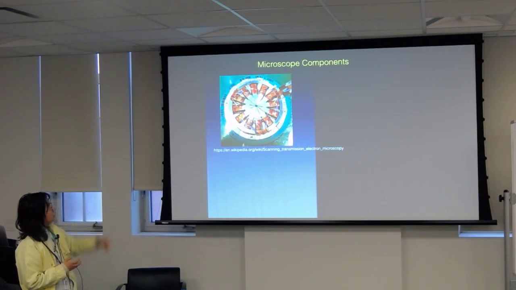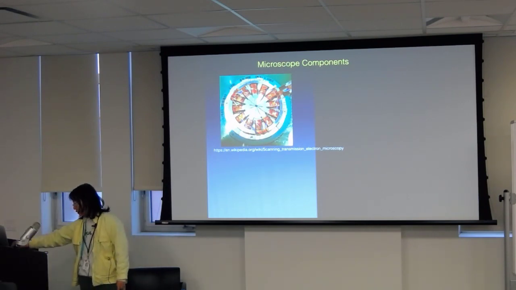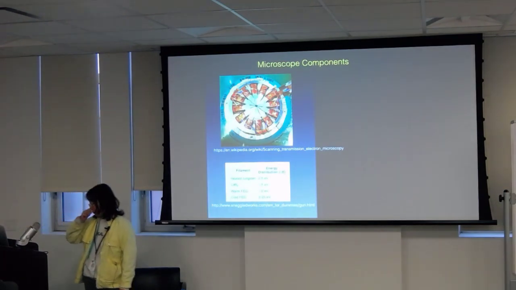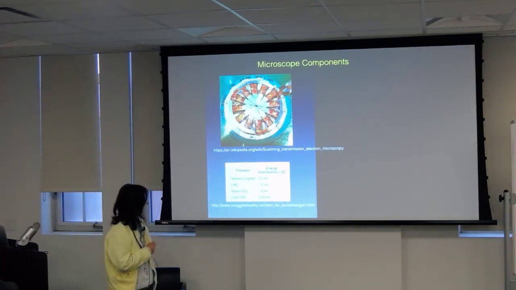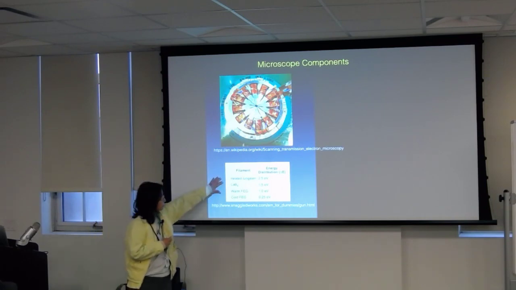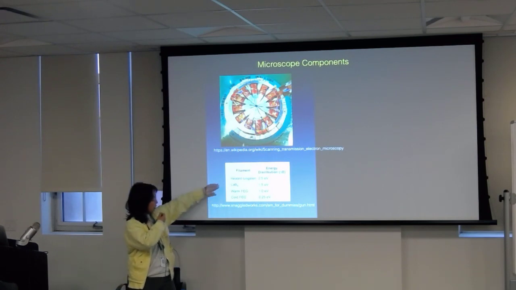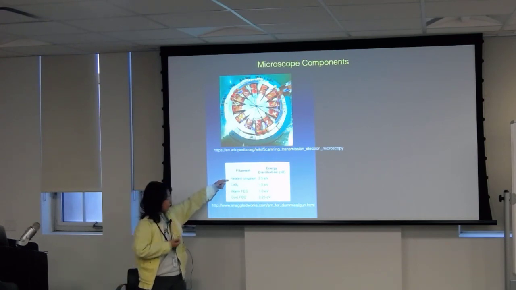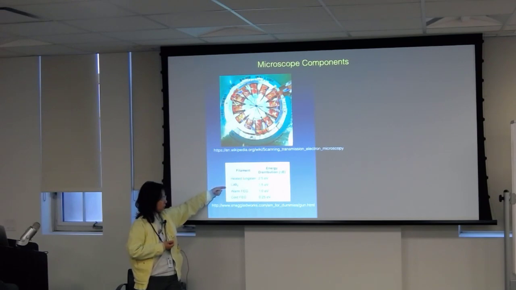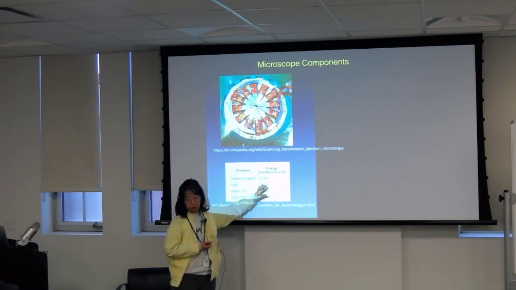So this is what it looks like. And the next thing that I found out also from the internet is the different guns. Remember I was saying that you may have a heated tungsten, you have LaB6, you have a warm FEG, you have a cold FEG. Here they have a table showing the energy distribution.